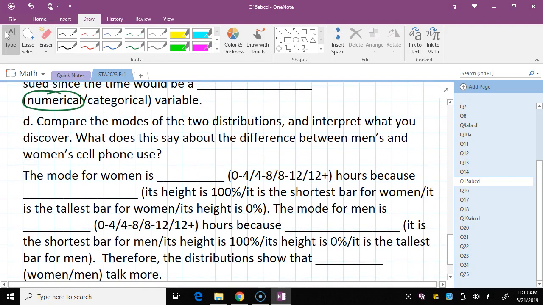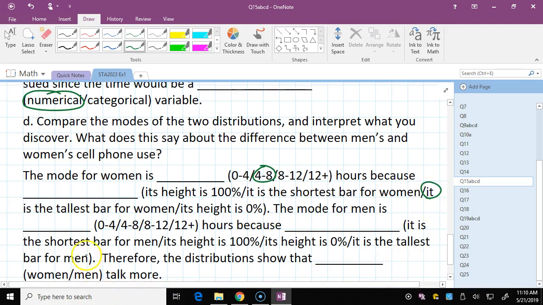So it said, compare the modes of the two distributions and interpret what you discover. What does this say about the difference between men and women's cell phone use? So the mode for the women is what? 4 to 8. Because why? It's the highest bar, right?